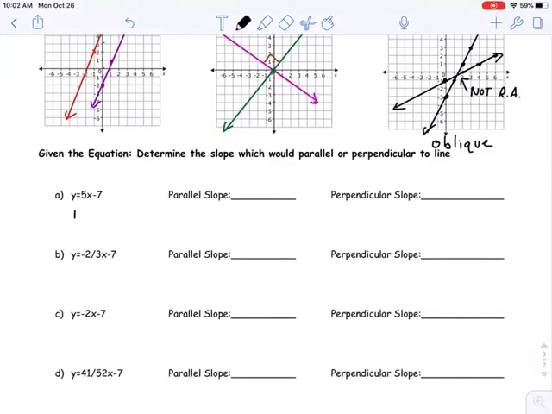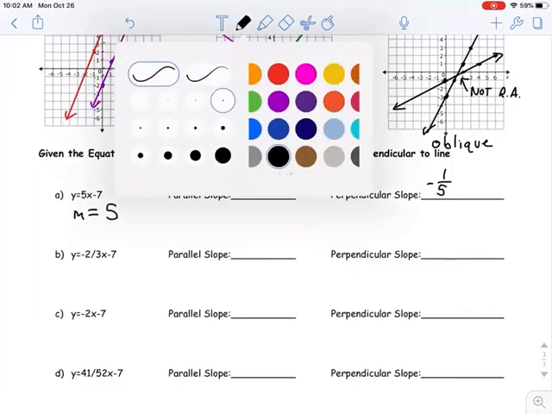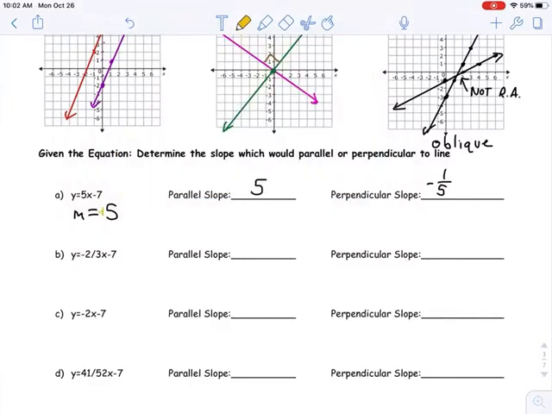So in this case right here, the slope is 5, so the parallel slope is 5. The perpendicular slope would be -1 over 5. Because realize that in this case it's a +5, and we can think it's over 1. But we typically don't write that stuff in yellow, all right?